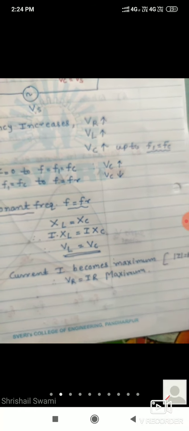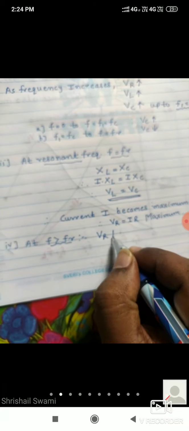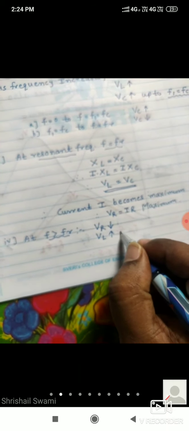Okay, so the next point, the last point, will be the fourth point. As frequency is greater than FR, VL continuously increases. VL increases and VC is going to decrease.